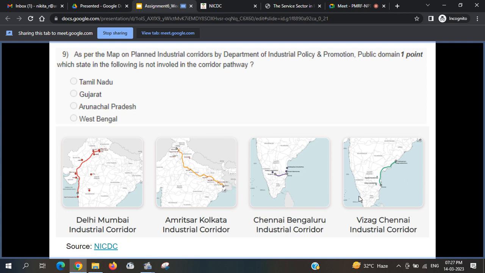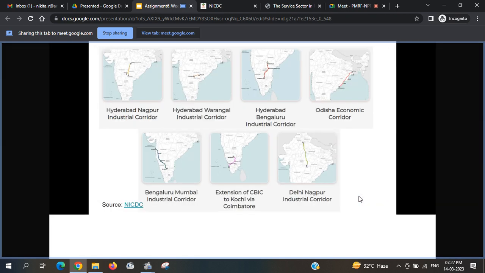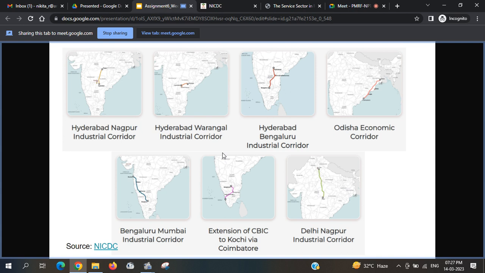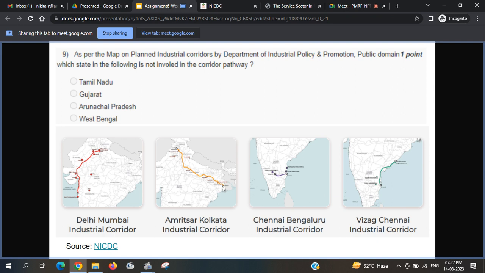Chennai-Bangalore, Vizag and Chennai are for South Indian states. Hyderabad-Nagpur also does not cover the northeastern states. Similarly, Hyderabad-Warangal, Hyderabad-Bengaluru, Bengaluru-Mumbai, Odisha economic corridor, Kochi-Coimbatore corridor, and Delhi-Nagpur industrial corridor. None of these corridors cover the northeastern states.